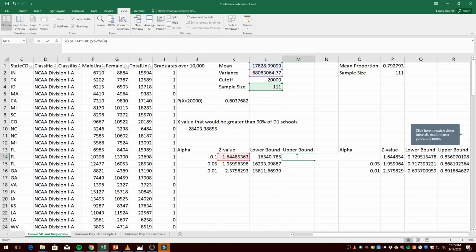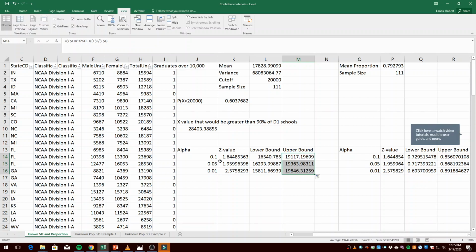Sure enough, I do. But to get my upper bound, the one thing I need to change is, oh yeah, I'm adding that margin of error. All right, so all I have to do is copy and paste that over. I can't drag it, copy it. I have to copy and paste, and then change the negative sign to a positive sign. Now I just copy that down, and it updates it and does it for each of these different levels of confidence. So that's how we would construct the lower and upper bound in Excel.